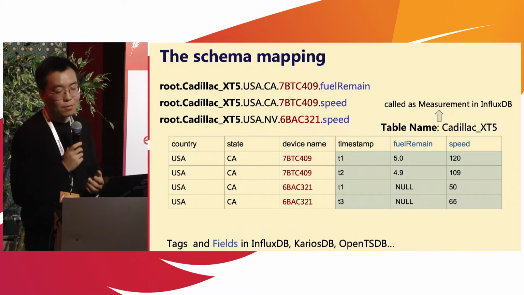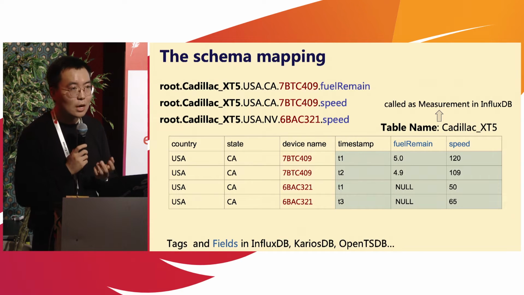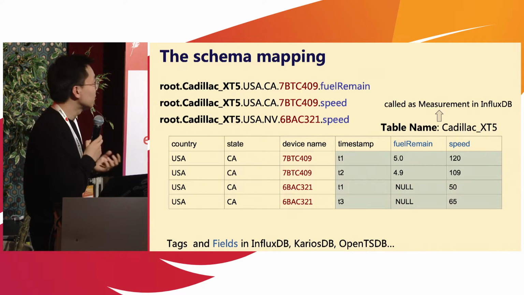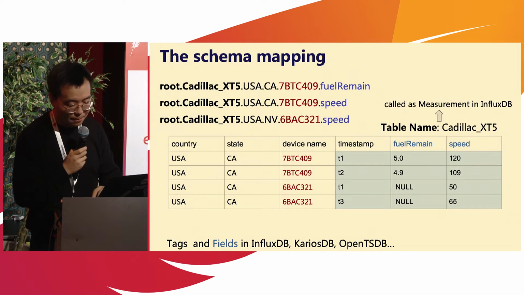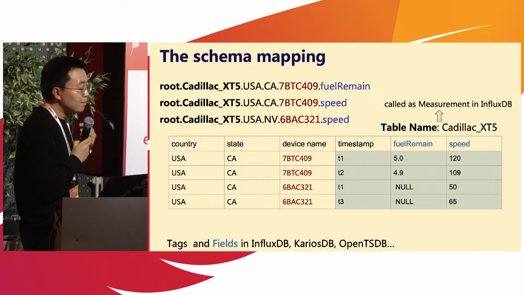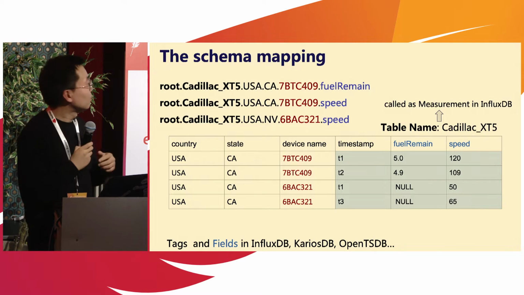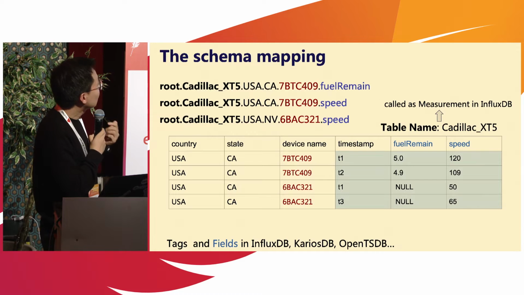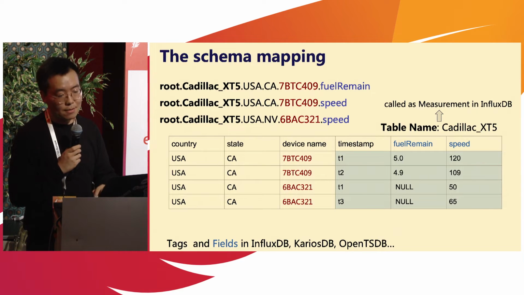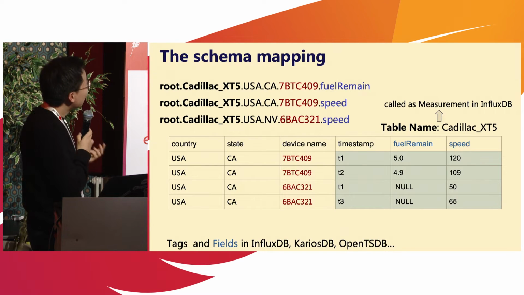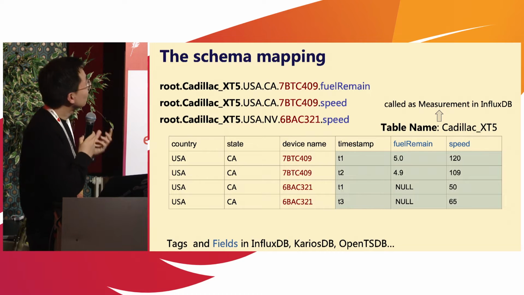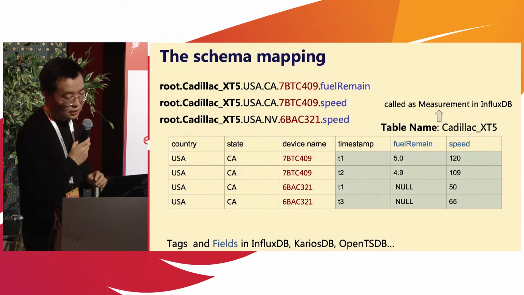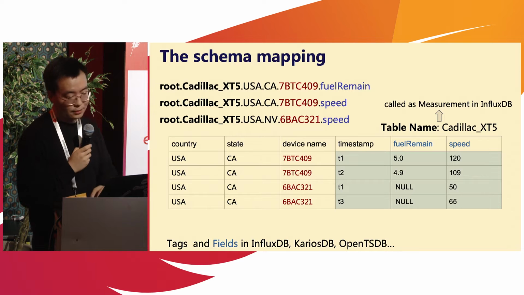Actually, we can map our schema to other systems. For example, suppose we have 3 time series like the top left. The bold black string, for example root.catalog.active, is the storage group name. And the black and red strings are device names, that is, the plate number. And the blue strings, the fuel remain and the speed, are 2 measurements.